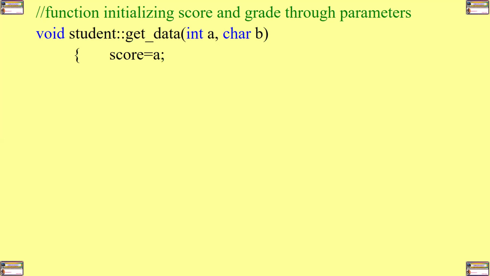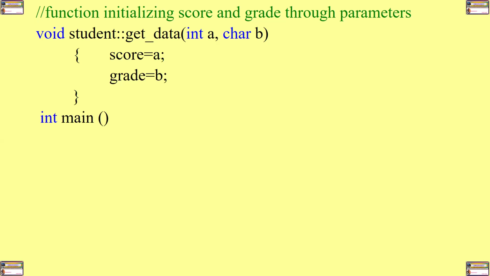So whatever has been received as the parameter a is what is being stored in the member called score. Then what has been received through the parameter called b is being assigned to the member of the class called student, which is grade. And that's the end of that function.